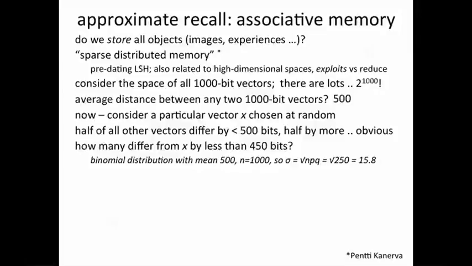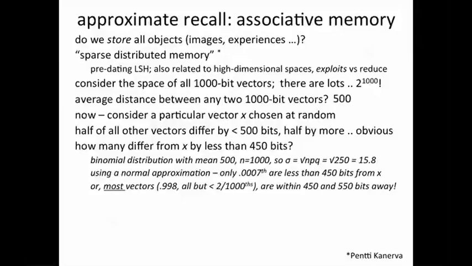We approximate the binomial distribution by a normal distribution, and then we see that, very interestingly, a very, very small fraction of all the other vectors are less than 450 bits from x. So what that means is that with a very, very high probability, most of the other vectors are within a band of 450 and 550 bits away.